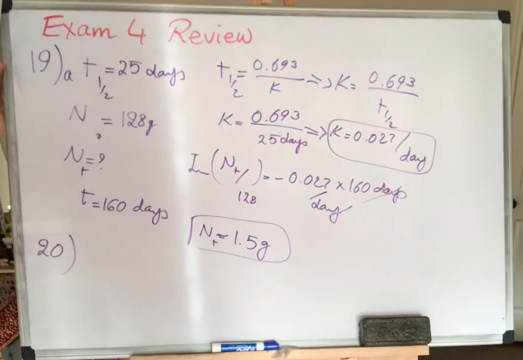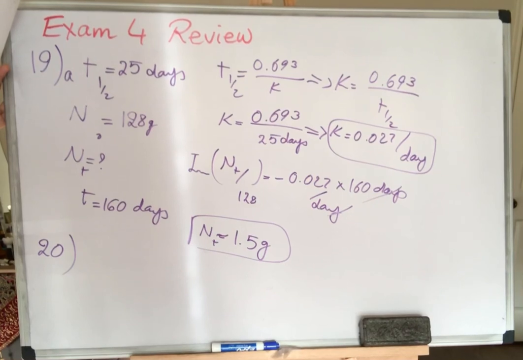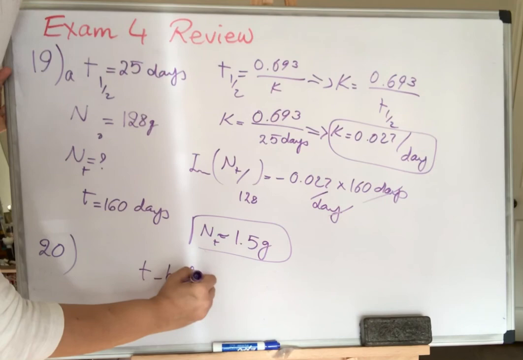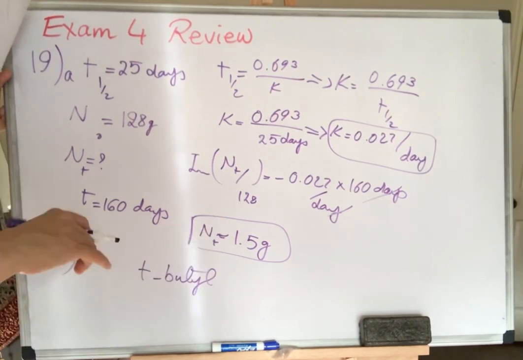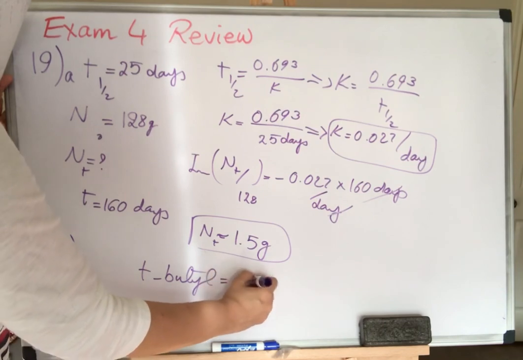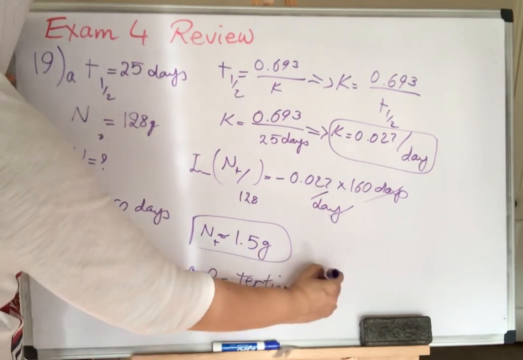Question number 20. What is the condensed structural formula for tertiary butyl, t-butyl? One of those substituents that you need to memorize. T-butyl means tertiary butyl.